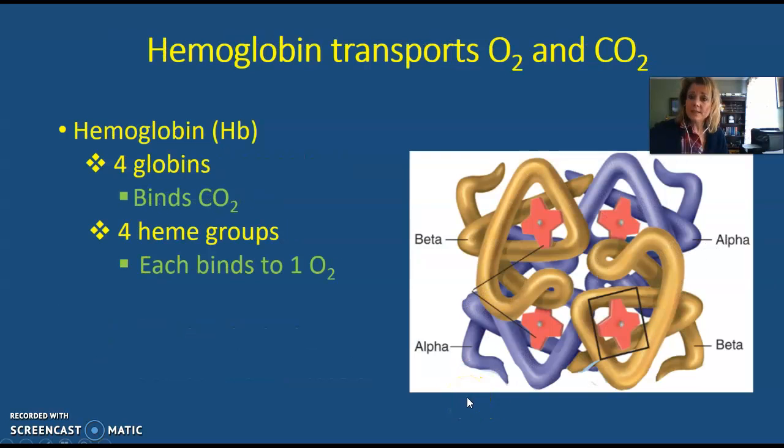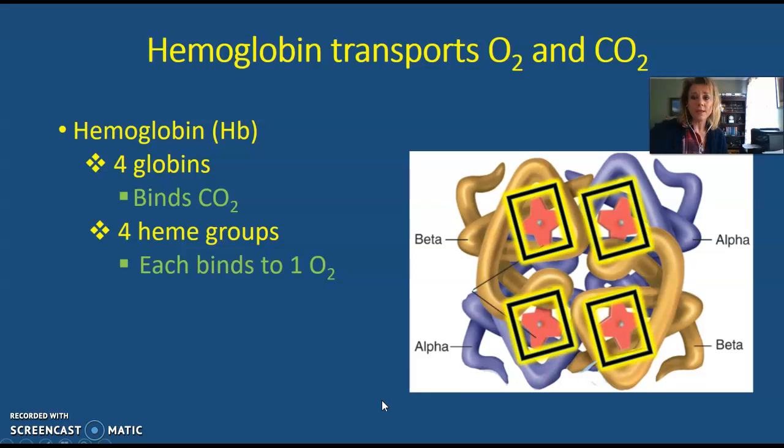Okay, so this is a molecule of hemoglobin. We have four protein chains, which are called globins, and they are going to bind to carbon dioxide. But I do want to mention that most of the carbon dioxide in the body is transported dissolved in the blood. And we're going to talk more about that when we talk about the respiratory system. The other thing that it contains are four heme groups, which I've got highlighted here on the picture.